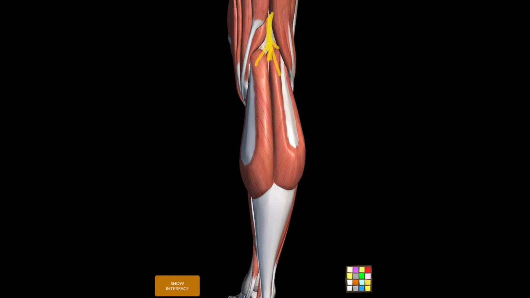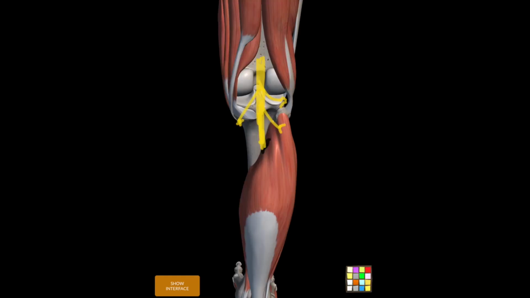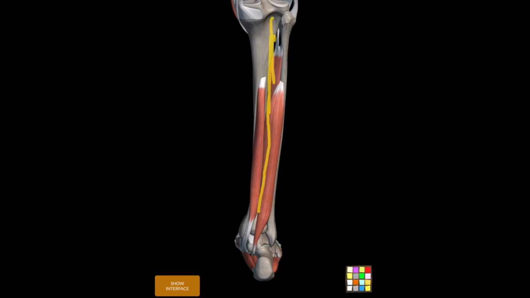The nerve then enters the deep compartment by passing through a gap in the tendinous arch of the soleus muscle for the tibial nerve to pass through. It supplies soleus and continues in the deep subcompartment, where it supplies tibialis posterior, flexor digitorum longus, and flexor hallucis longus.